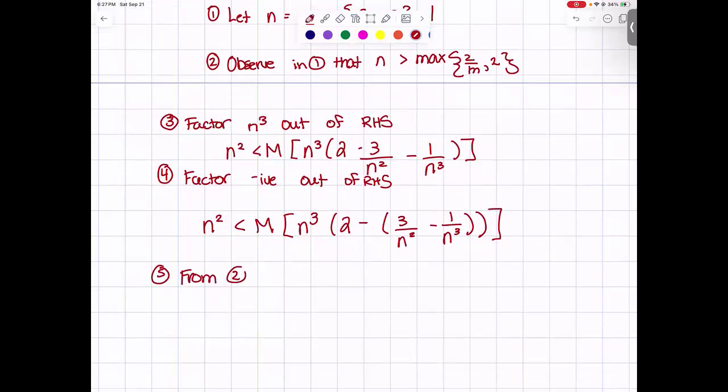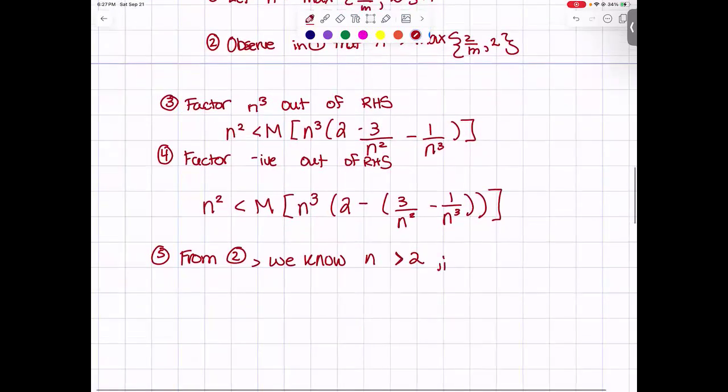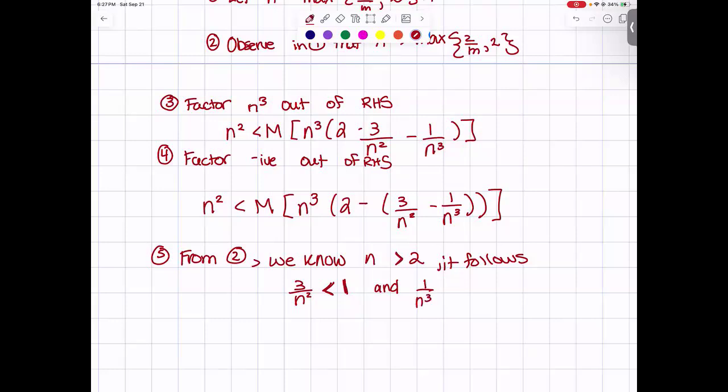From 2, we know that n needs to be greater than 2. So armed with that information, it follows that 3 over n squared is definitely going to be less than 1, because that'll be 3 over 4. And 1 over n cubed is going to be definitely less than a half.